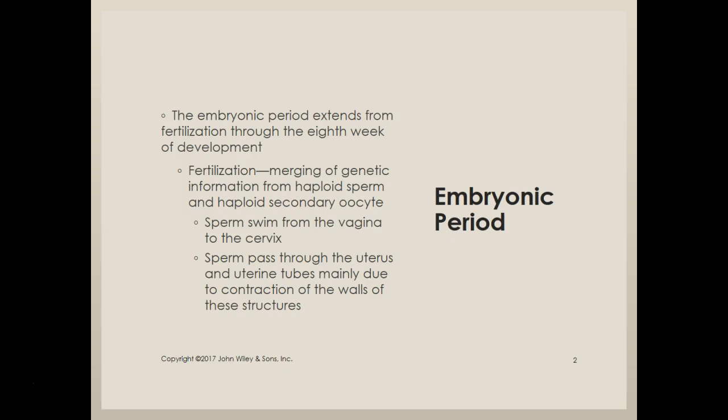Ideally, about 38 weeks later, or 40 weeks after the mother's last menstrual period, a baby is born. This period of prenatal development, or the development before birth, is the time from fertilization and includes both the embryonic and fetal periods. The prenatal development is divided into 3 calendar months, and we call those trimesters.